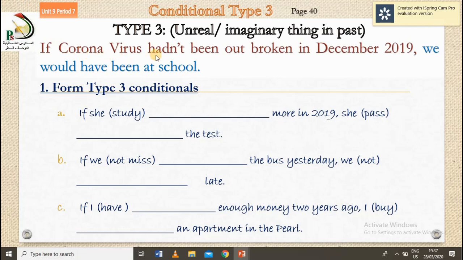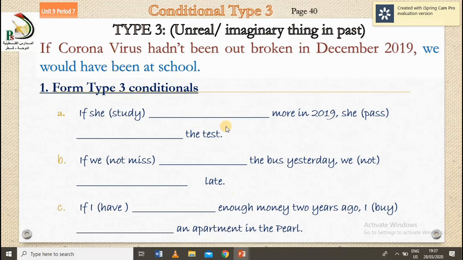If coronavirus hadn't broken out in December 2019, see, I'm imagining something in the past, December 2019, we would have been where? At school, yes. Normal school days were going on. So type 3 talks about imaginary things in the past, and this is the rule. If plus past perfect, comma, we would have plus verb in the past participle.